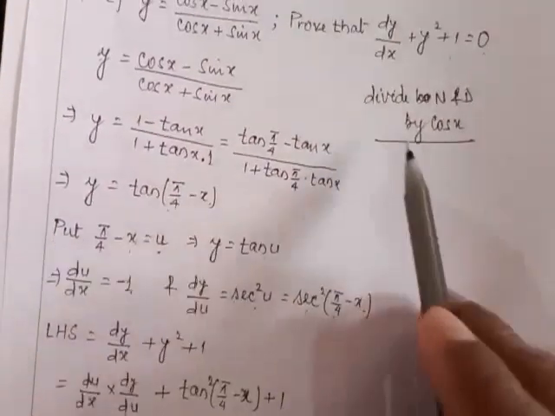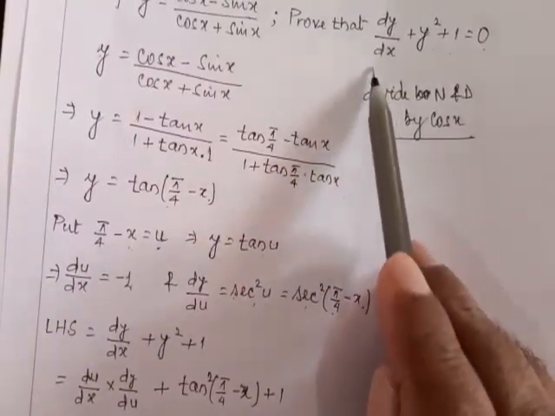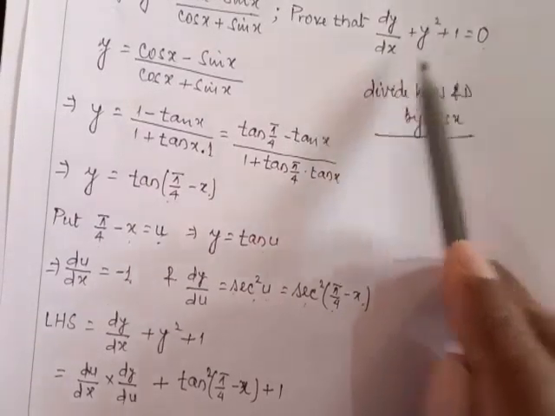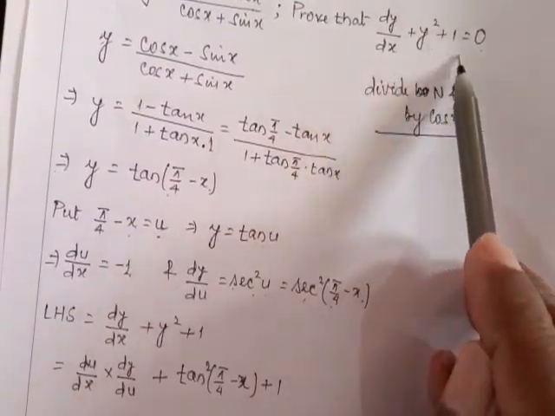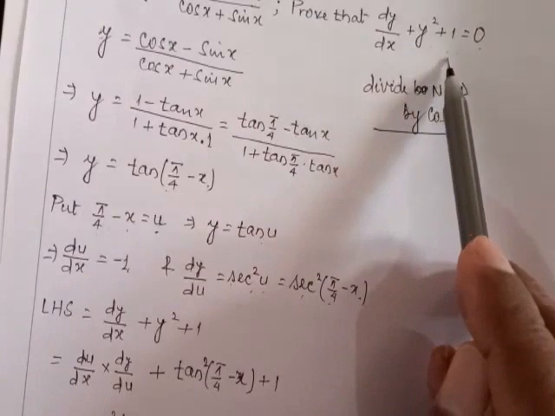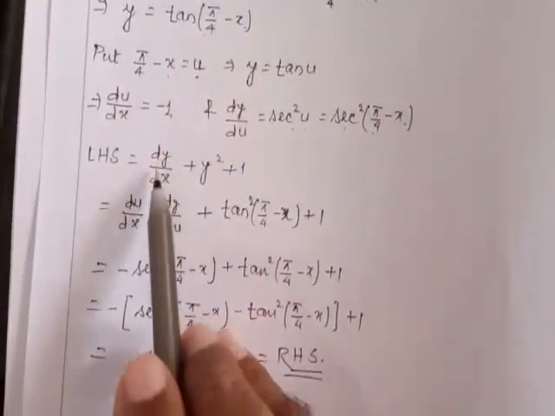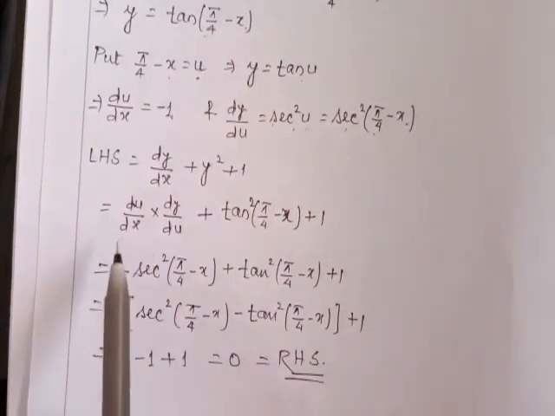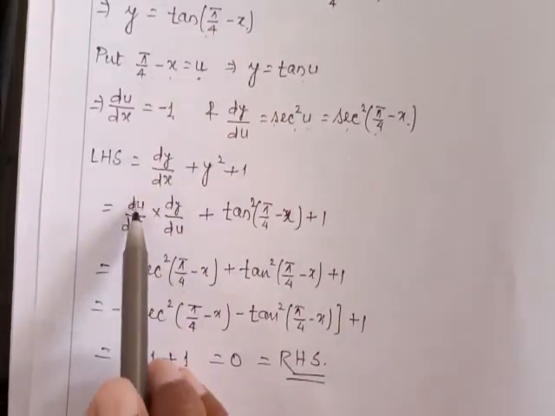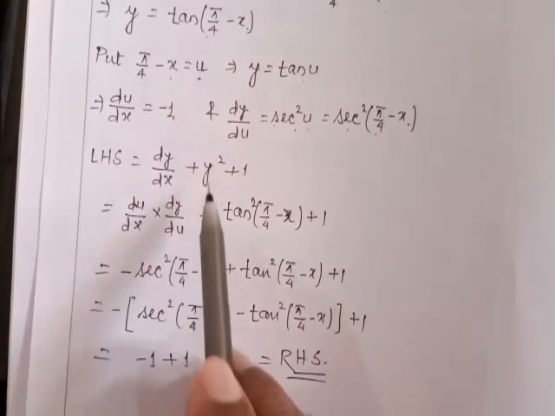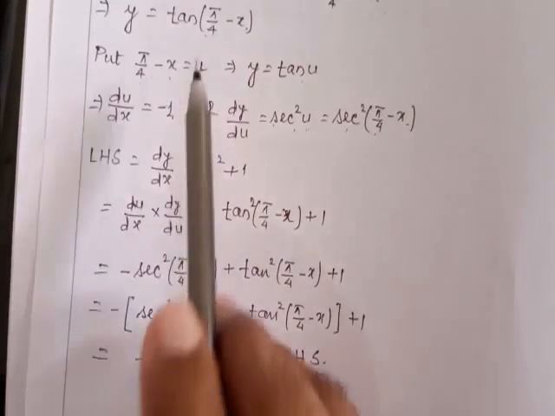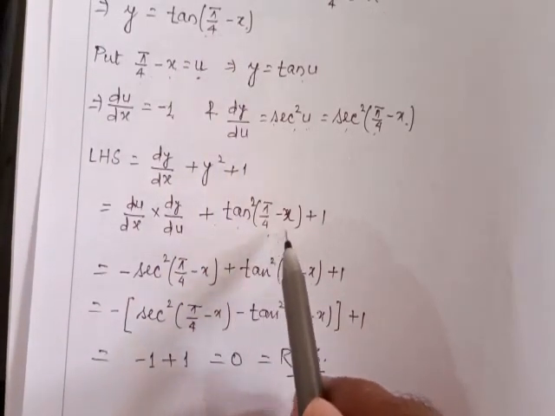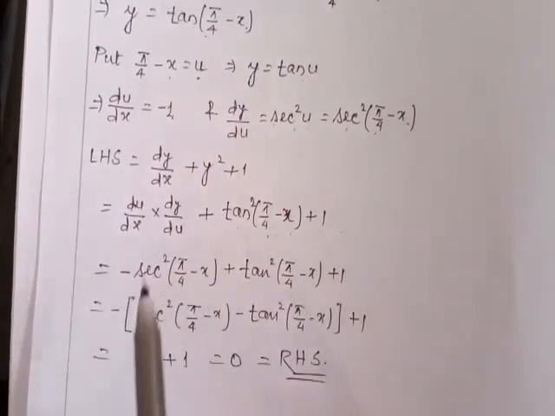Now come on to the LHS from the question. What is LHS? dy by dx plus y square plus 1 equal to 0. So here LHS is dy by dx plus y square plus 1. dy by dx means du by dx into dy by du, plus y is given as tan of pi by 4 minus x, so it should be tan square of pi by 4 minus x, plus 1.